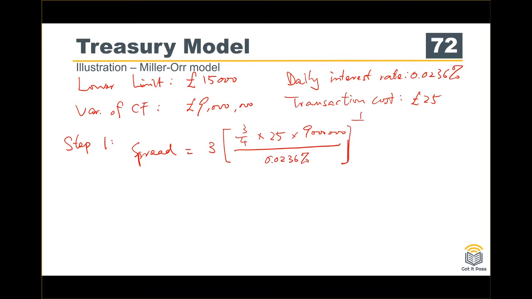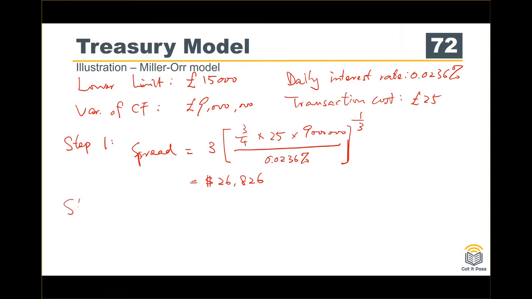Okay. Just based on the formula provided. Then the spread, okay, on here, if you use your calculator, you can check this. $26,826. Okay. It's the spread. It's the gap between the upper limit and lower limit.